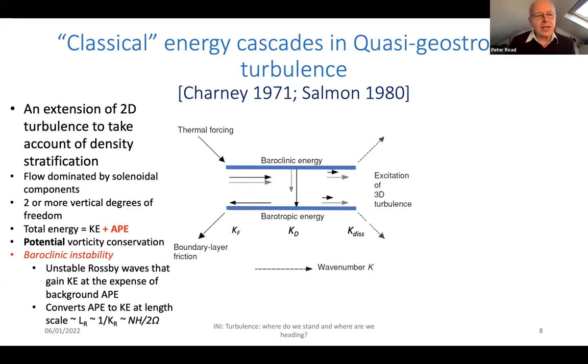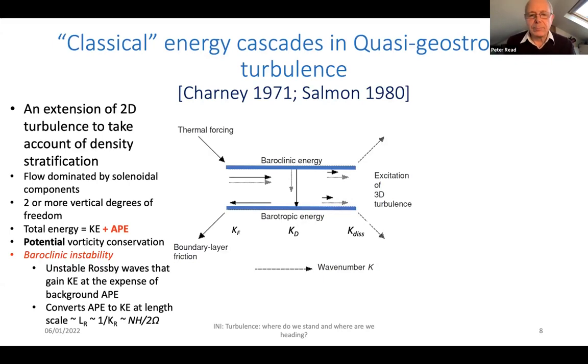The fact that density stratification is involved means that energy can be both kinetic and potential, and APE is just short for available potential energy. And also we can then define an extension of vorticity, essentially related to the absolute vorticity dotted with the gradient of temperature or potential temperature. That is also a conserved quantity that serves the same purpose as ordinary vorticity in 2D turbulence.